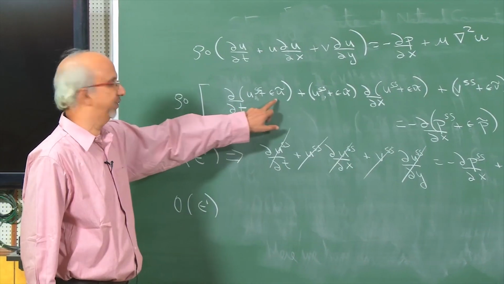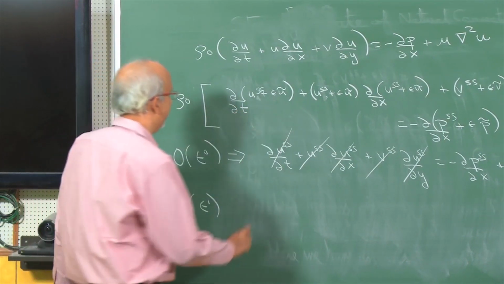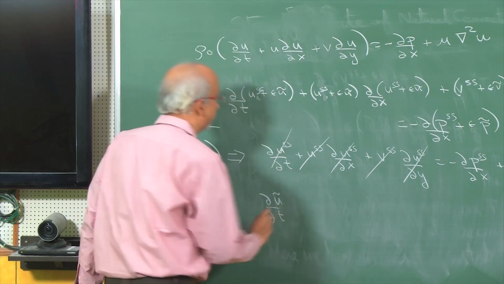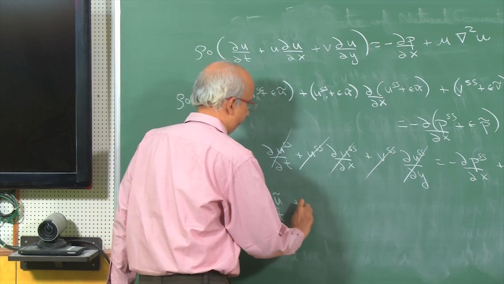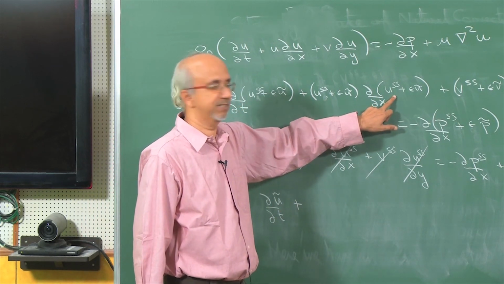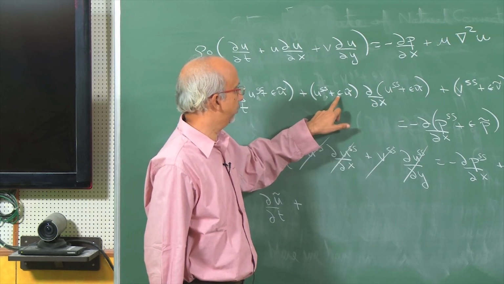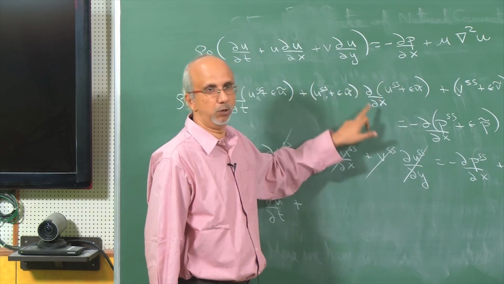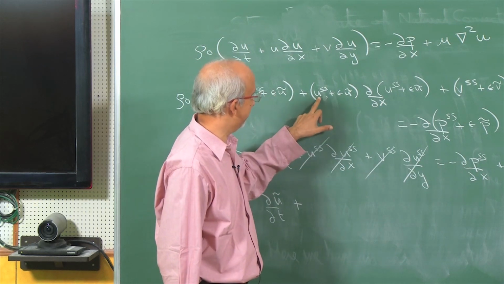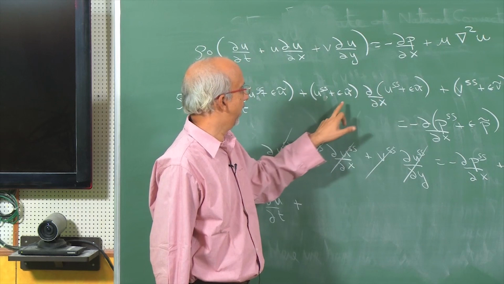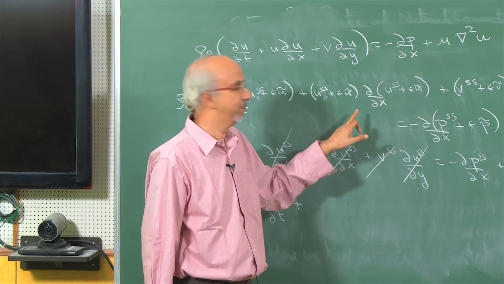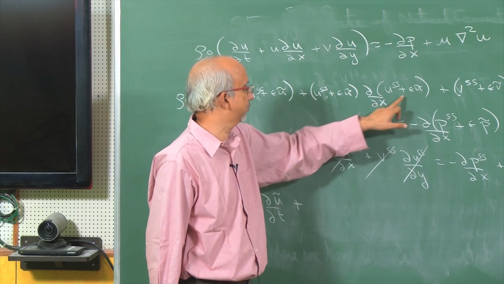what do we have? This term is going to contribute and we write the equation as du tilde by dt plus, now remember u_ss is 0. So, epsilon u tilde times this term is going to be 0 and what is going to remain, since this u_ss is 0 and this u_ss is 0, is a term which is of higher order. This is a term of order epsilon squared.